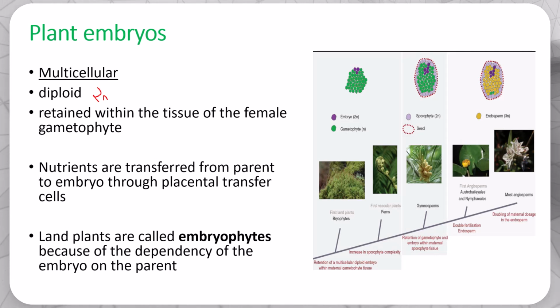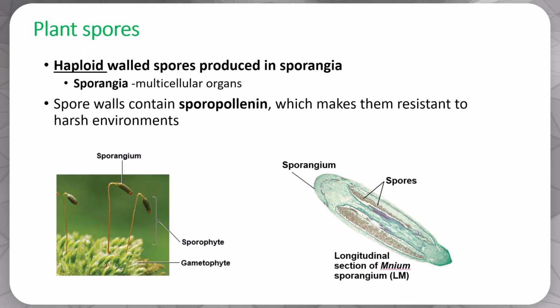It could be retained within a seed, or within part of the plant itself if it's a seedless plant. Nutrients are transferred from the parent to the embryo through something called placental transfer cells. So we call land plants embryophytes because the embryo is protected by the maternal tissue.